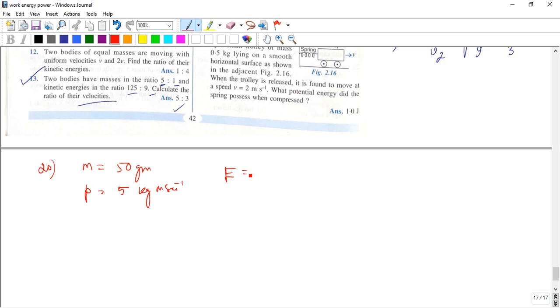That is equal to half mv square, half mass 50. If I solve this, half mv times v, that is p momentum.